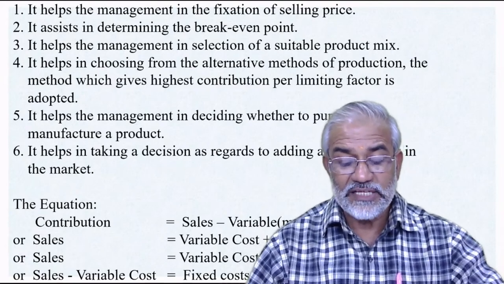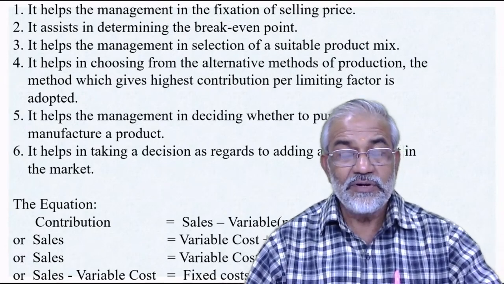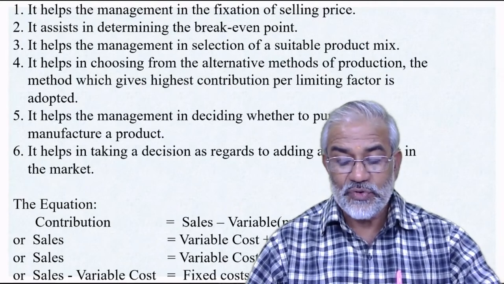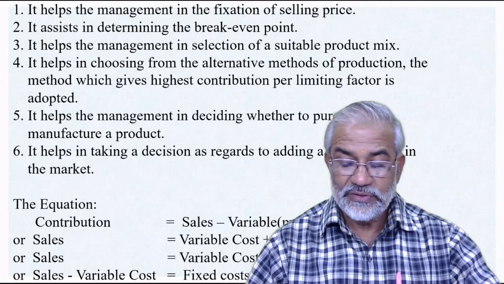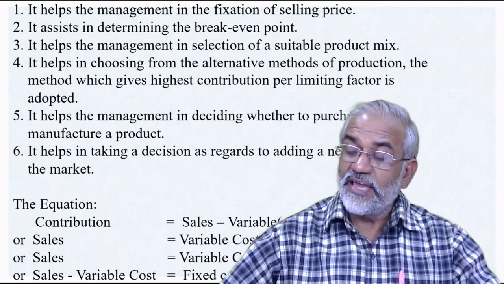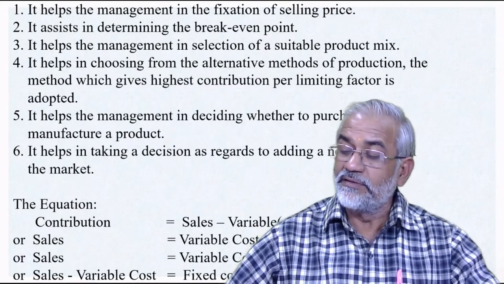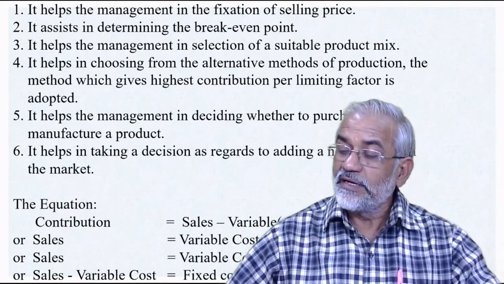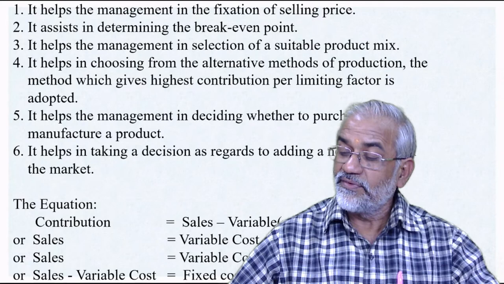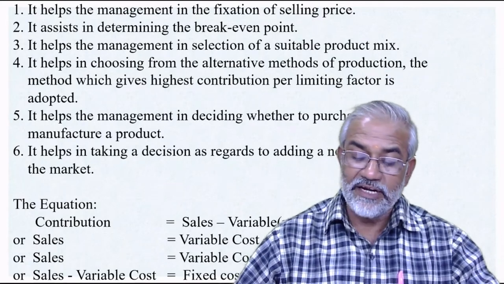When 25 units are sold at a rate of 12 rupees per cup of coffee, so 25 into 12, it is coming 300 rupees.